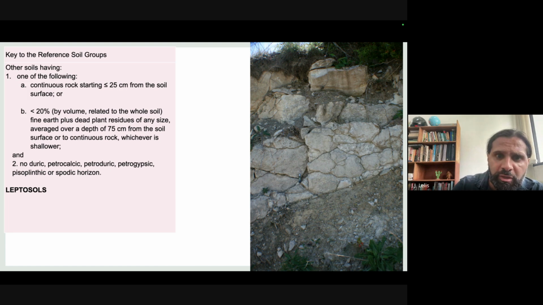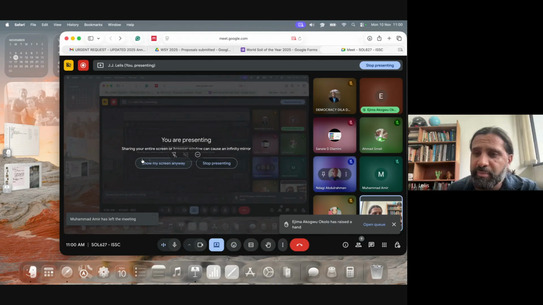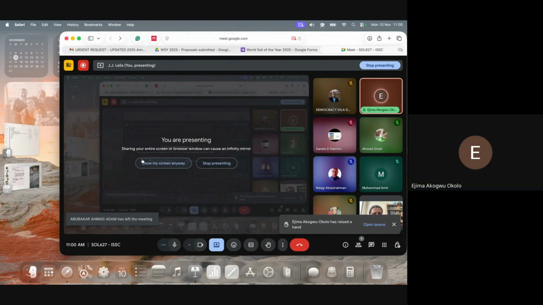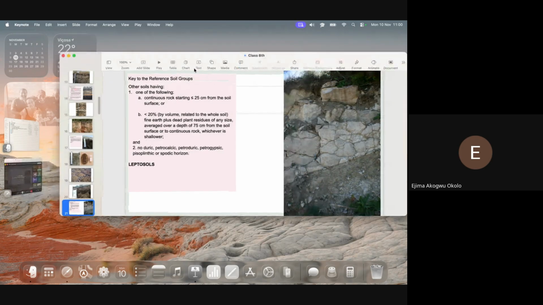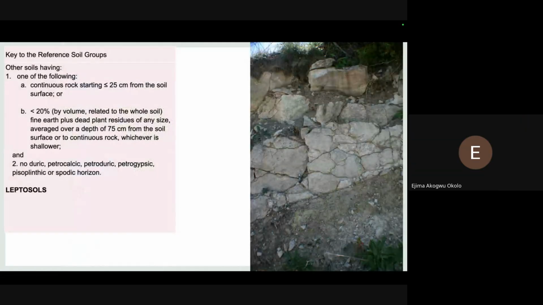I think that someone raised their hand. I'm not sure. Yes, I did. Yes, please. Can you put back the slide? I wanted to just ask a question. Yes, of course. In trying to classify, yes, this particular place, yes. Now, when you say other soils, you are trying to distinguish soils that have similar behavior but are not to be classified as Leptosols.